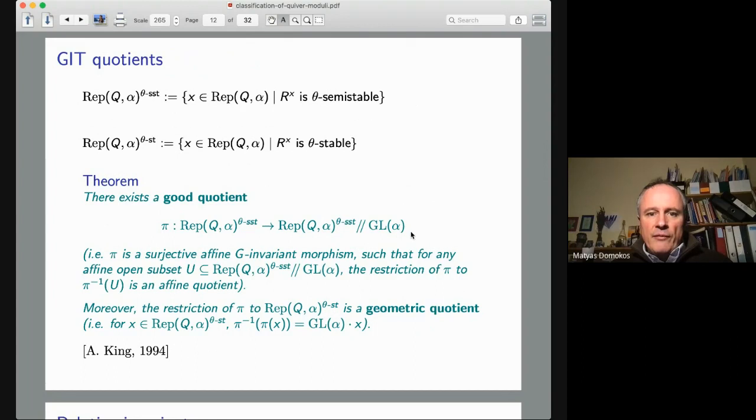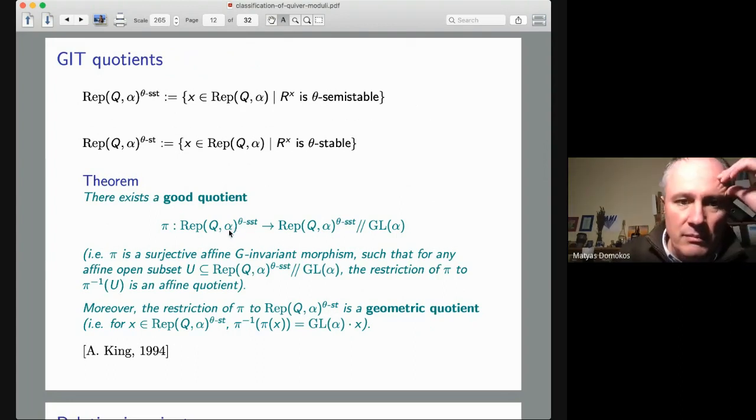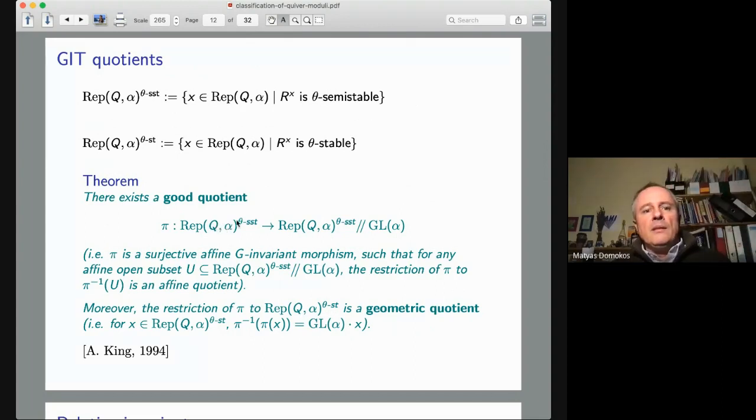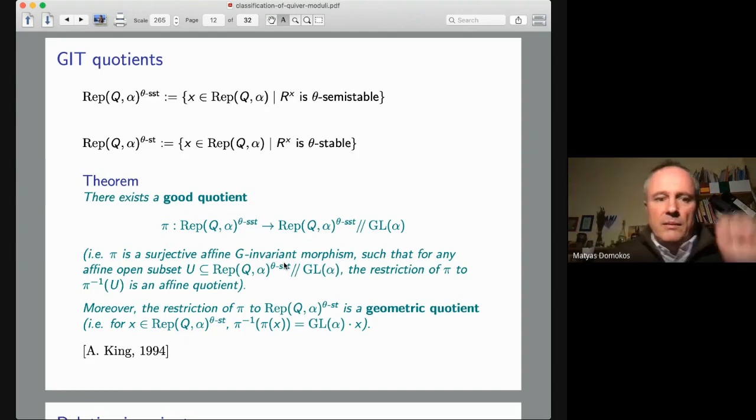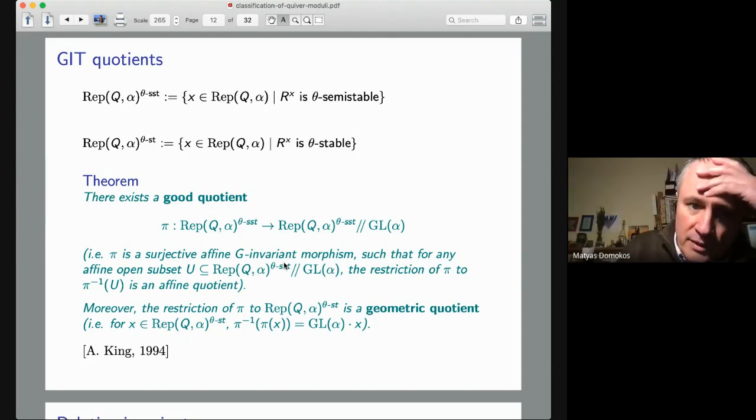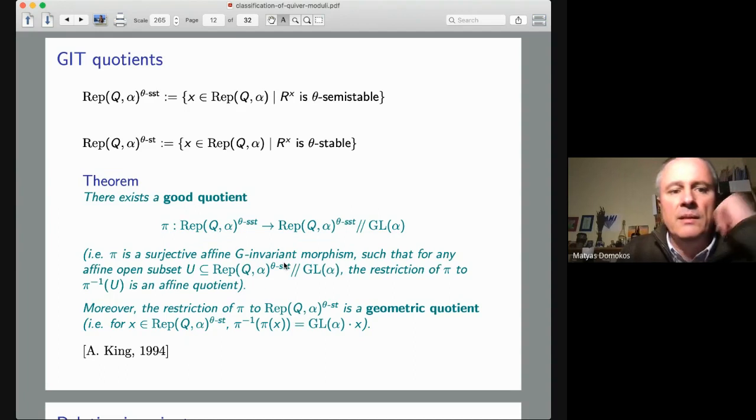If we take an affine open subset of the target variety, its preimage is an affine open subset here, and the restriction of pi to this affine subset is the affine quotient which was introduced before, given by taking the spectrum of the algebra of invariants.